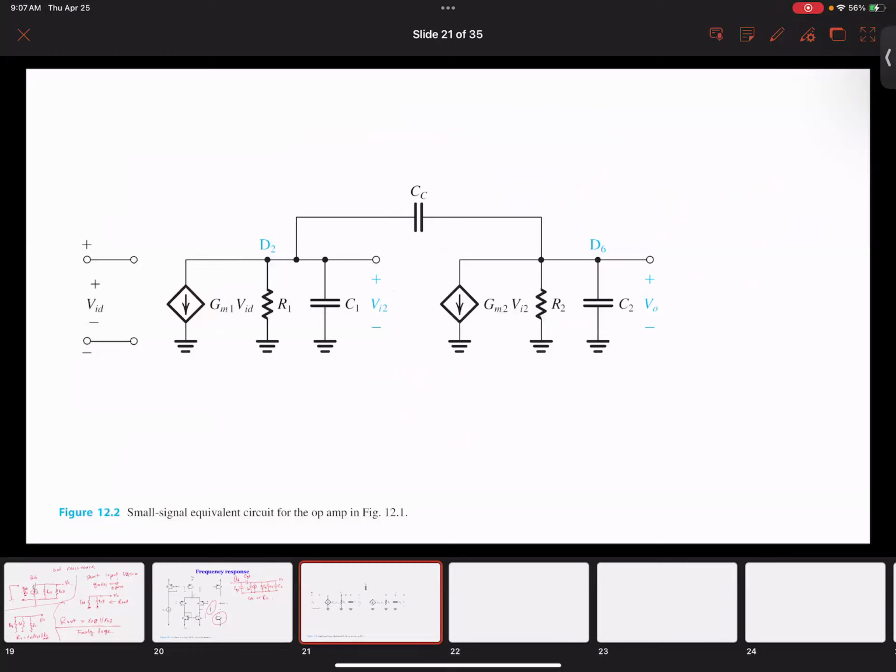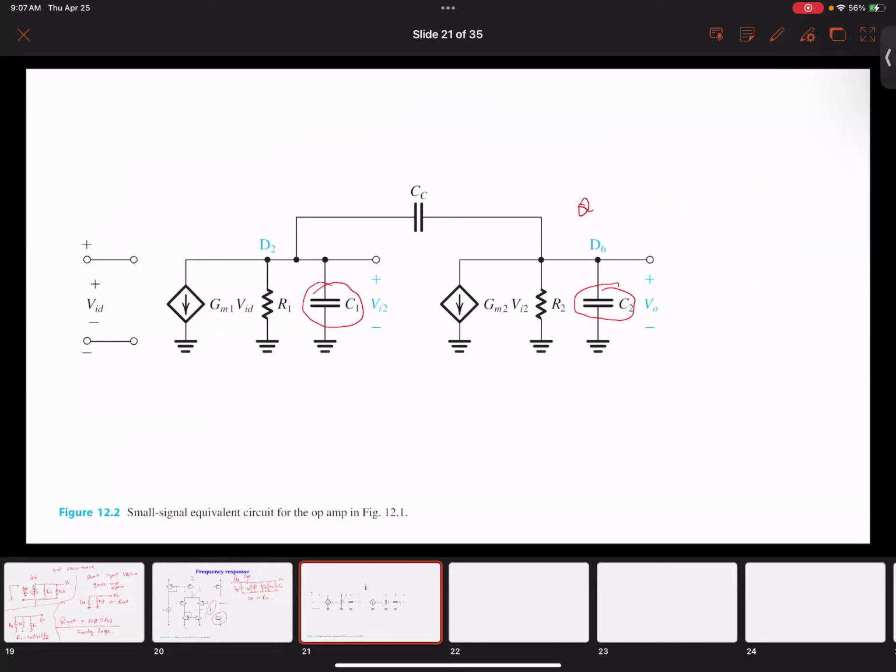For the first stage, we'll simply use C1 to represent all the capacitance of the MOSFETs. And we're going to use C2 to represent all the capacitance of the second stage, which is going to include the capacitance of Q6 and Q7.